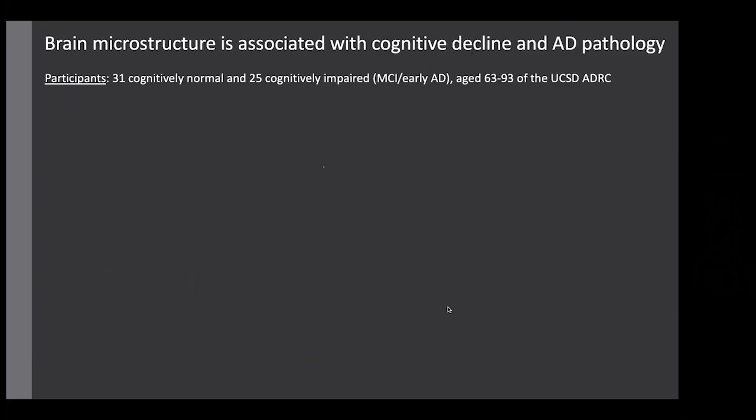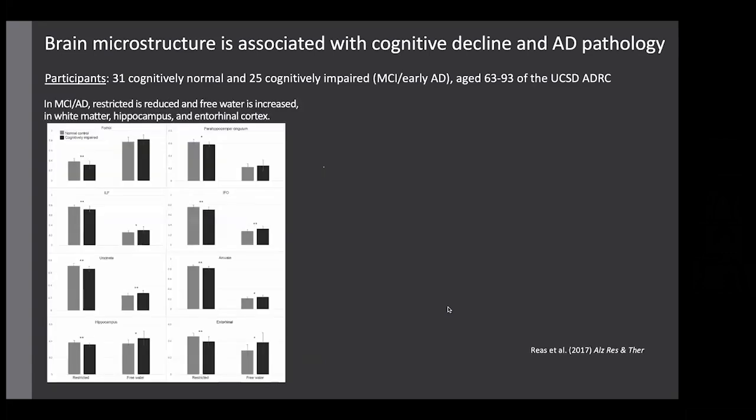Okay, so we use this technique, RSI, to understand some of the brain microstructural abnormalities in Alzheimer's disease. Here I'm going to be showing data from a group of cognitively normal individuals and a group with either mild cognitive impairment or mild AD that were all recruited from the ADRC.